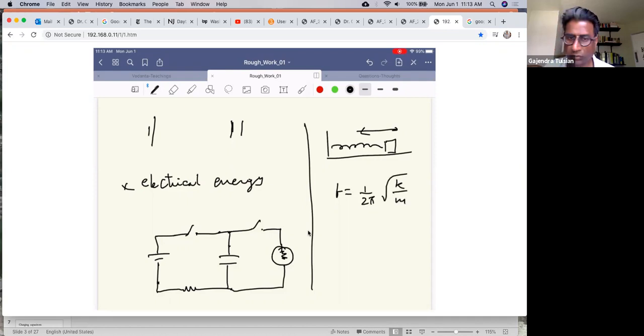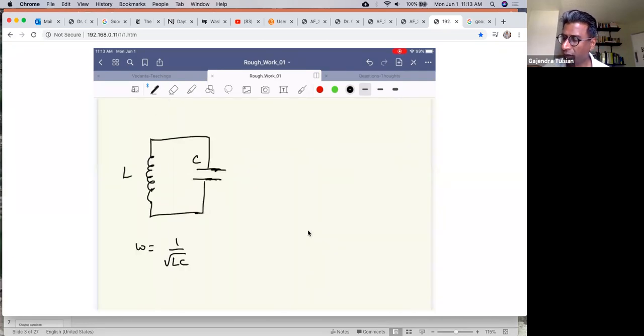That's the natural frequency of oscillation of a mass attached to a spring on a frictionless surface. Just like that, this circuit has a natural frequency of oscillation, omega is 1 over the square root of LC.